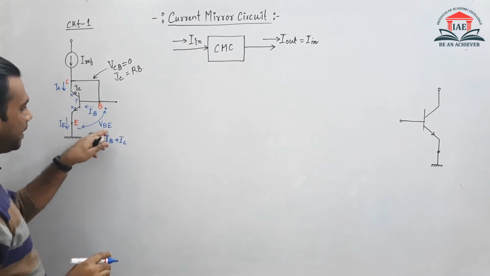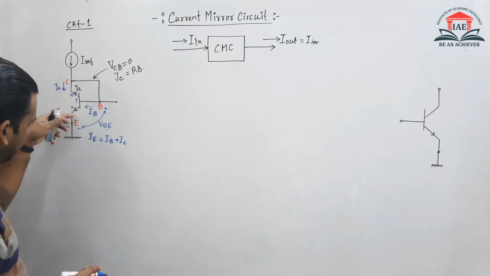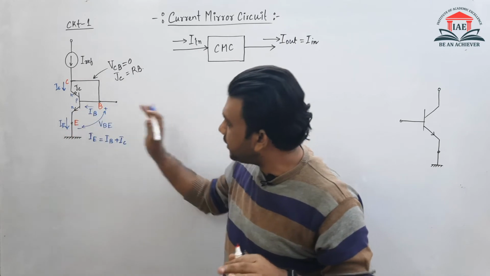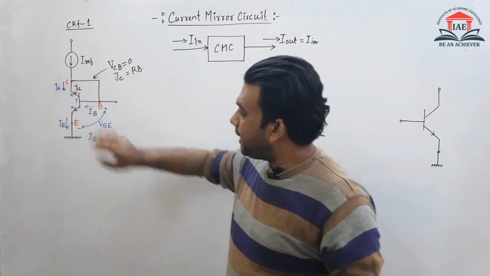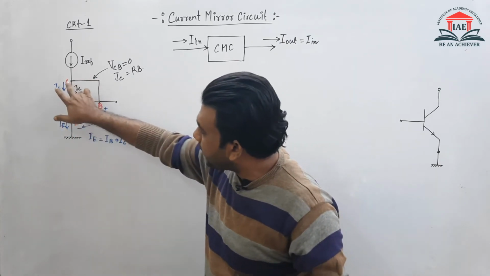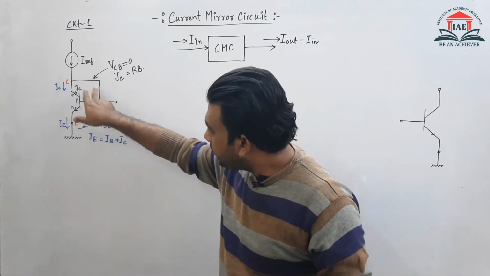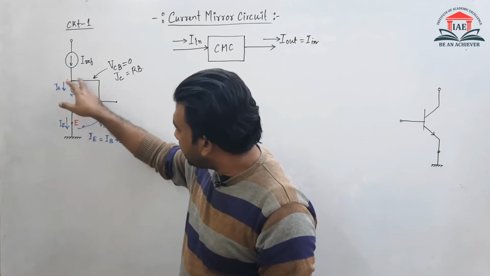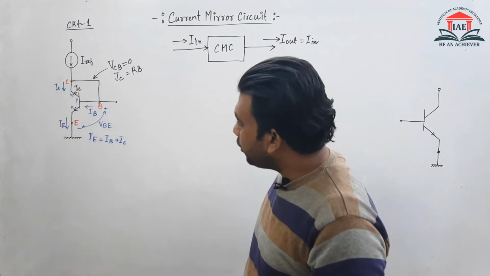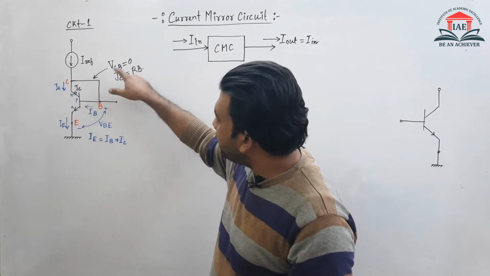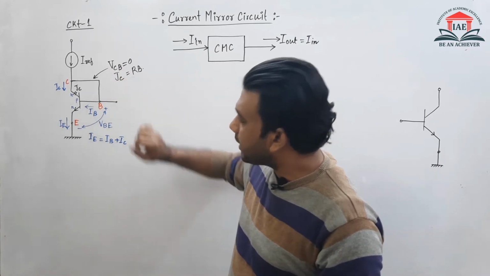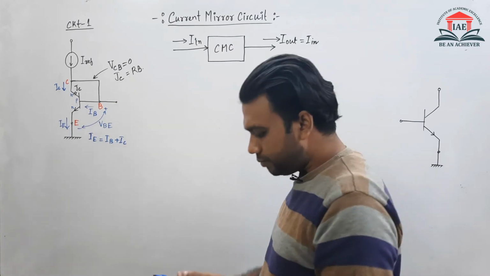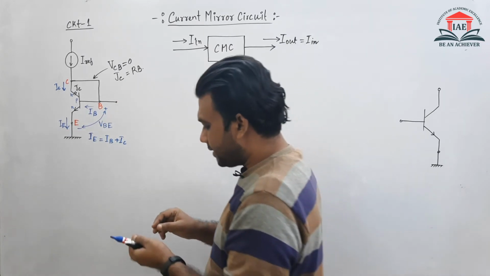These are the pieces of information that we can get right now. In this first circuit, I saw that the collector and base are short circuited, so the collector to base potential is 0. Now let us see that.